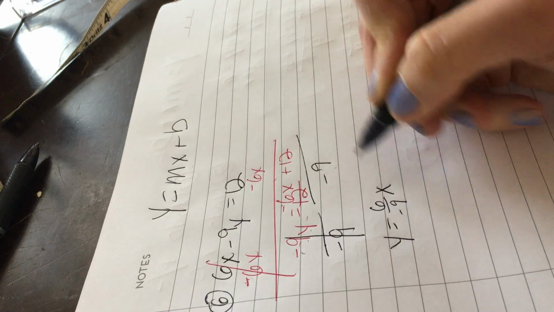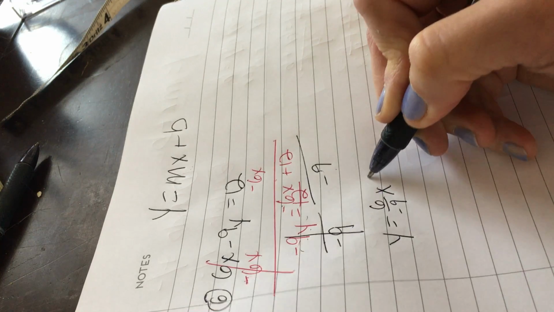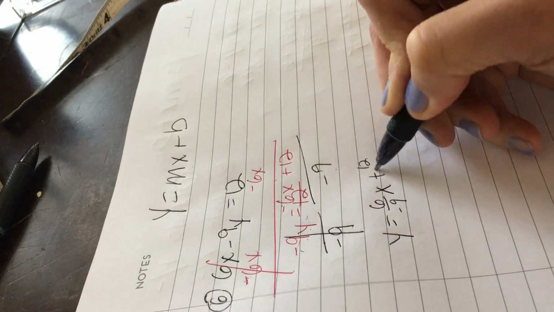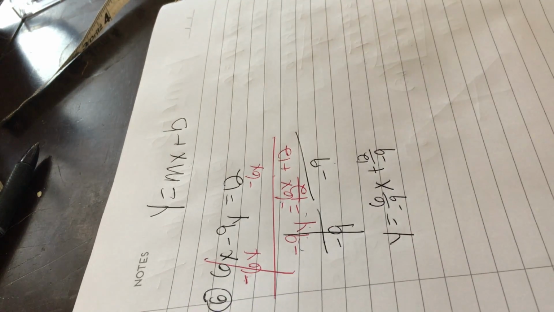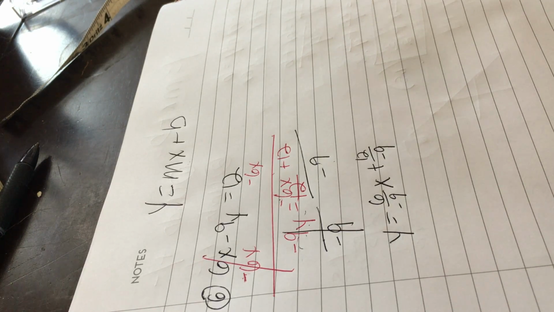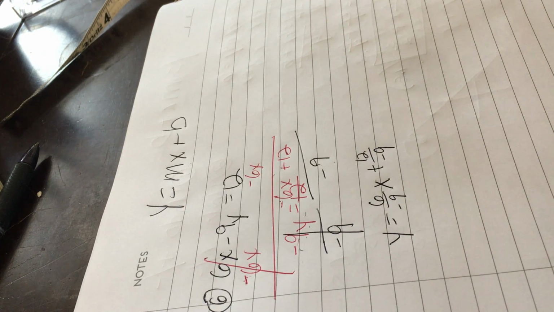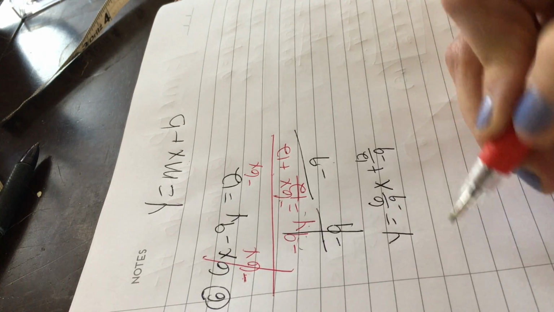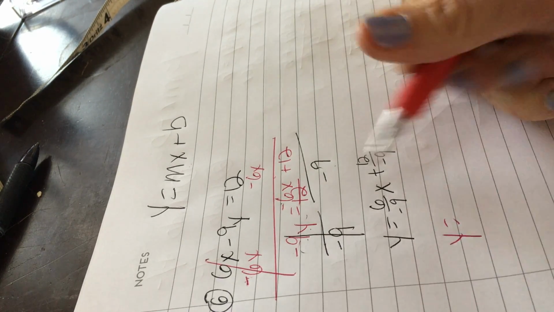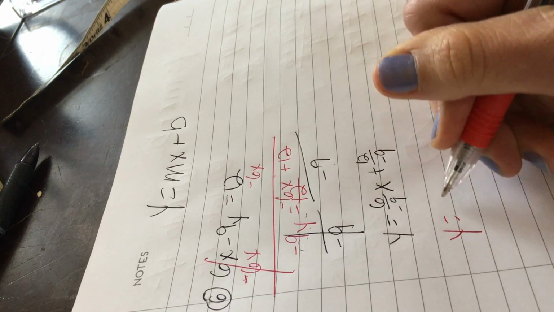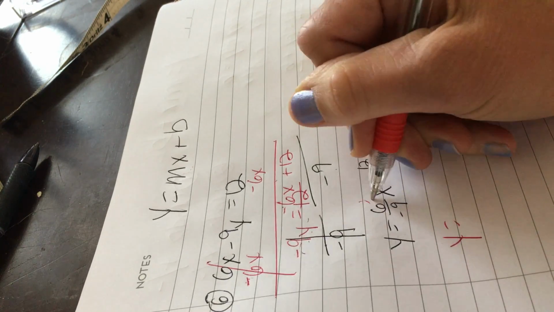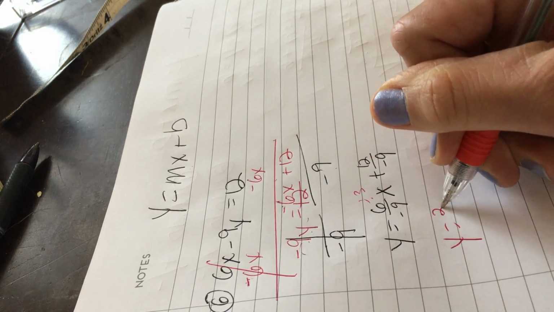So 6 divided by negative 9 x plus 12 divided by negative 9. I can reduce those fractions. I can divide 6 and 9 by 3. So 6 divided by 3 is 2.